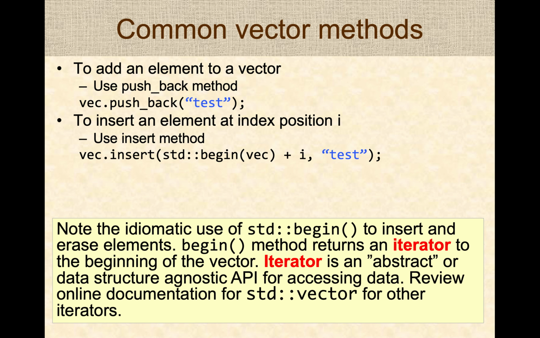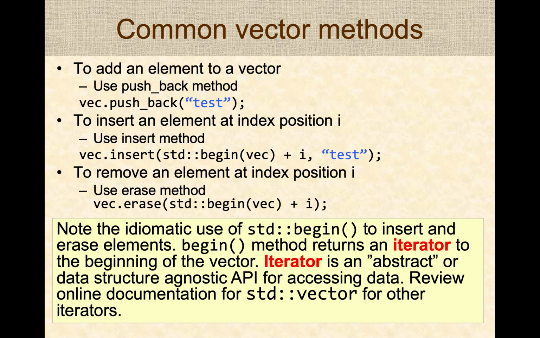So here, the method begin returns what is known as an iterator to the beginning of the vector, and from there we add i, or offset i positions in the vector, to insert the value test. Similarly, to remove an element at index position i, use the erase method, and again use an iterator notation where we say from the beginning of the vector go to the ith position and erase an element.